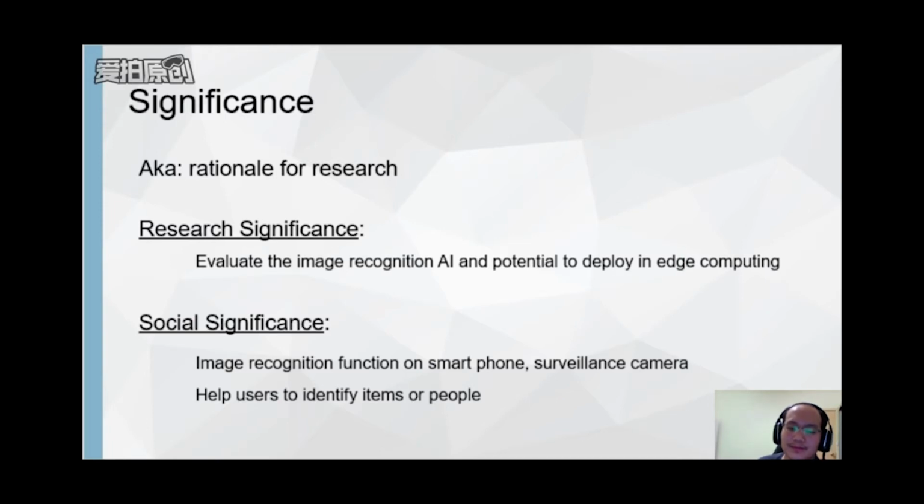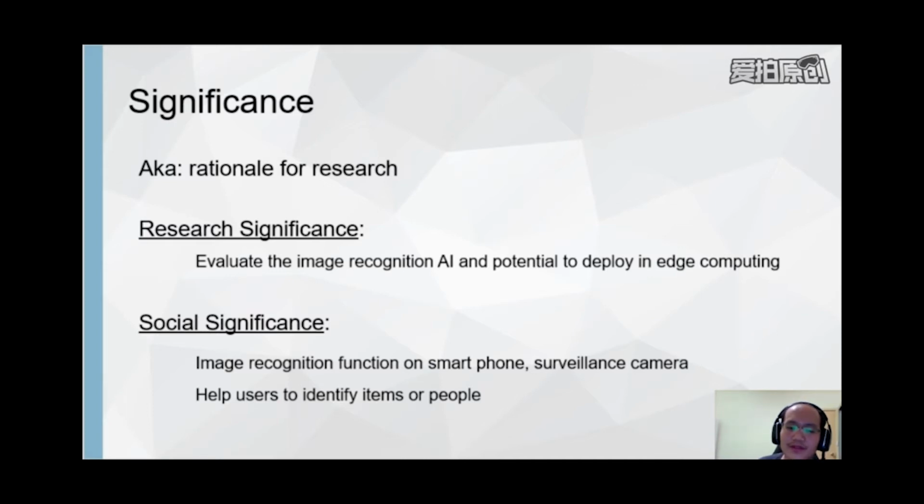We want to first identify the image objects from the photos, and also evaluate if the image recognition AI is eligible for its function as we expected, and if there is potential to deploy this recognition AI in edge computing.